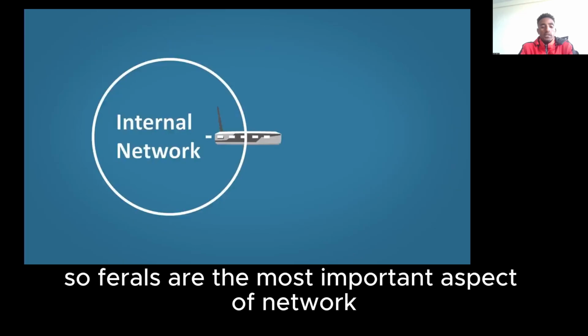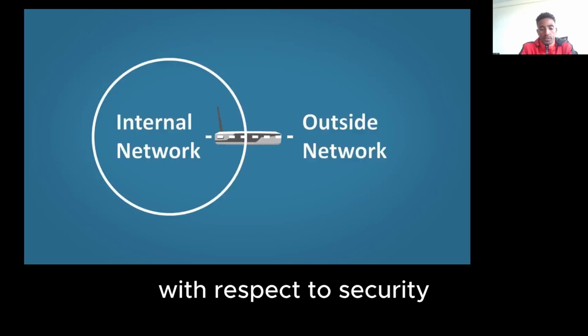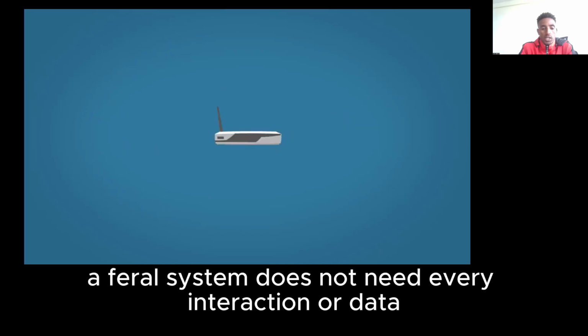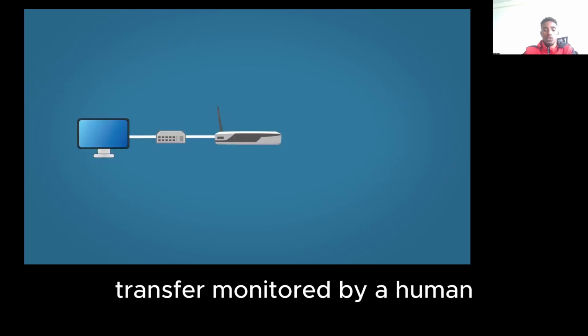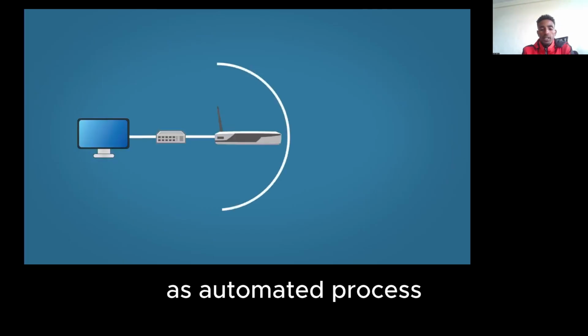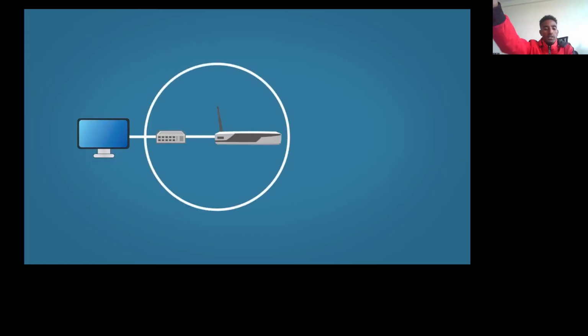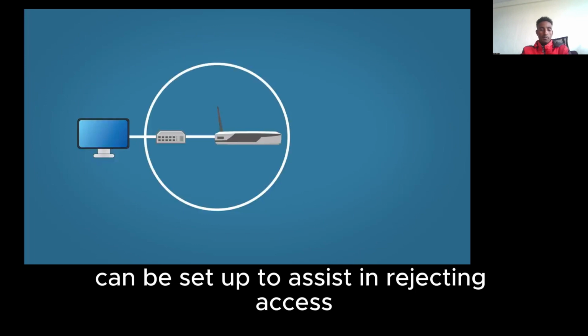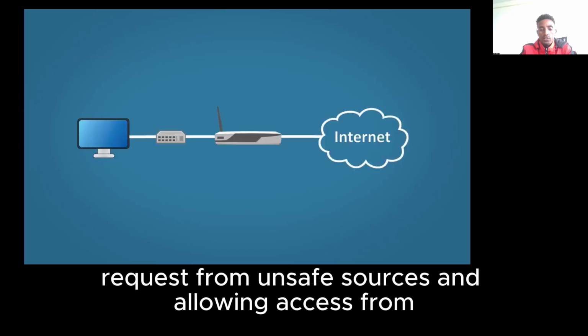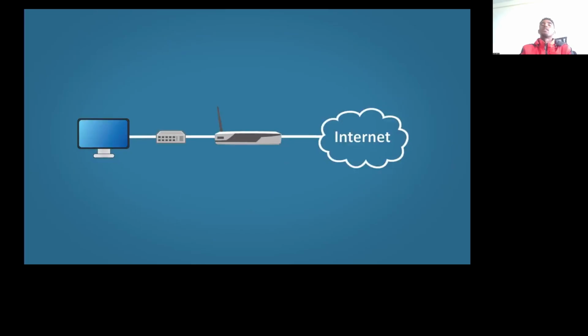So firewalls are the most important aspect of a network with respect to security. A firewall system does not need every interaction or data transfer monitored by a human, as it is an automated process. It can be set up to assist in rejecting access requests from unsafe sources and allowing actions from recognized ones.